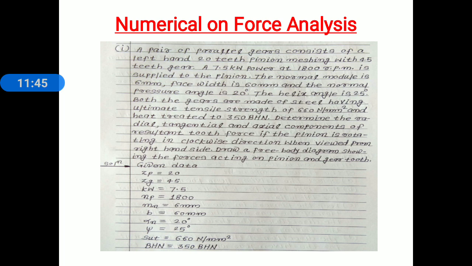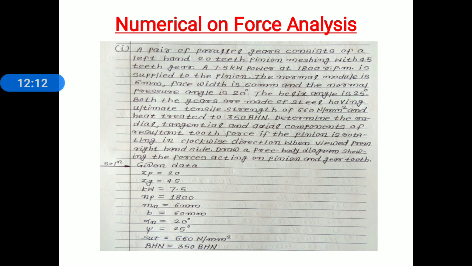Now after that we solve this problem. First of all, we collect the given data. Number of teeth on the pinion Z suffix P is equal to 20. Number of teeth on the gear Z suffix G is 45. Power in kilowatt is equal to 7.5. Speed of pinion N suffix P is equal to 1800 rpm. Normal module M suffix N is equal to 6 millimeter. Face width B is equal to 60 millimeter.